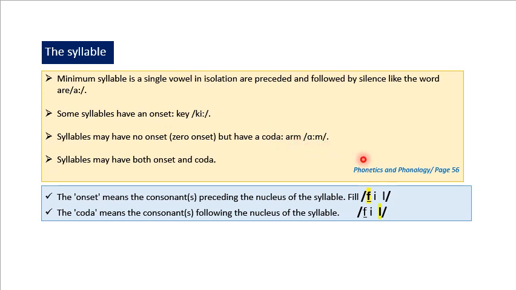By the way, I recommend you to read the book itself in order to understand the information and the chapter. You have to read the chapter word by word in order to have full understanding about the syllable in the English language, because this chapter is the base to understand the following chapters, because they are all connected together.